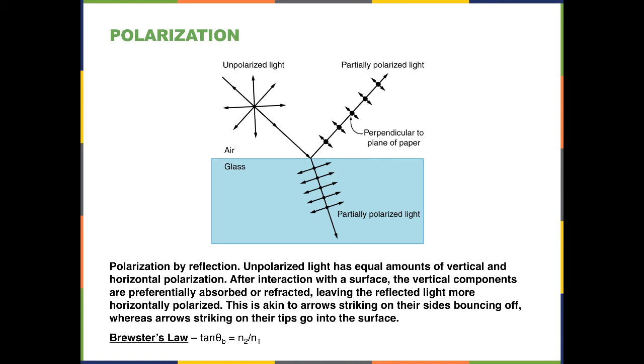And Brewster's law states that the tangent of theta b is equal to n2 over n1. That is, the tangent of the angle which will produce this fully polarized light is equal to the two refractive indexes, one over the other.